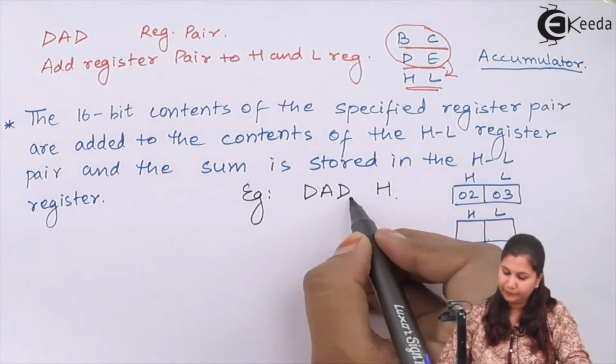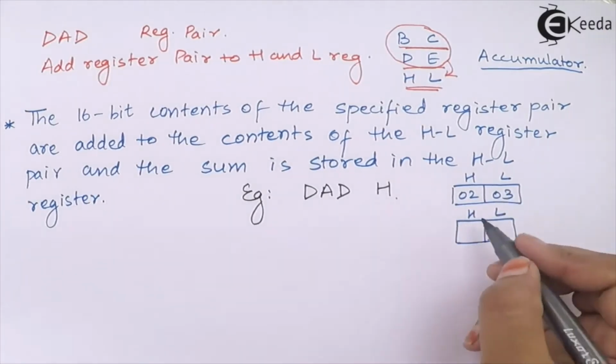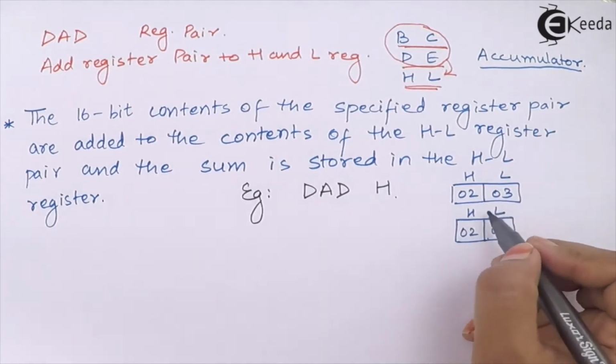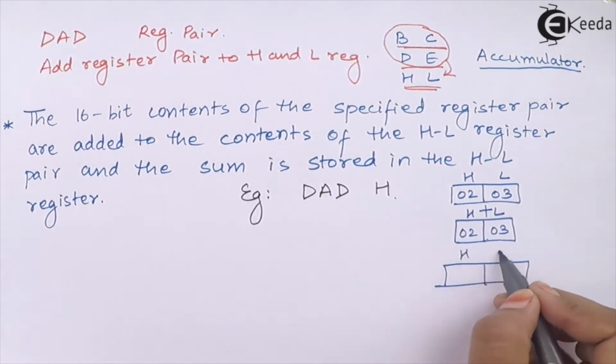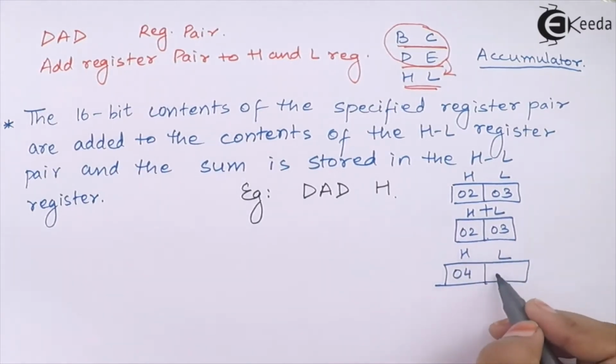This will be added, because here we have written DAD H, that is, HL will be added with HL only. So here also we will write 0203. Both will be added up and the result of the addition will be 0204 and here we will have 6.